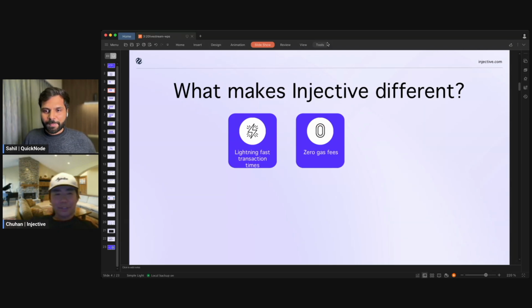Honestly, in some of the dApps in the Injective ecosystem, the user interacts with the dApps with zero gas fee. They don't need to pay anything. But if a user wants to send a transaction to the Injective network, like executing a smart contract or uploading their code into the network, they have to pay a very little amount of gas fee, like 0.00000001 dollar, something like that.